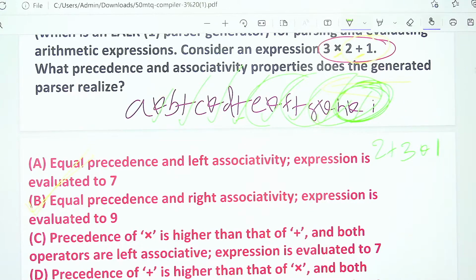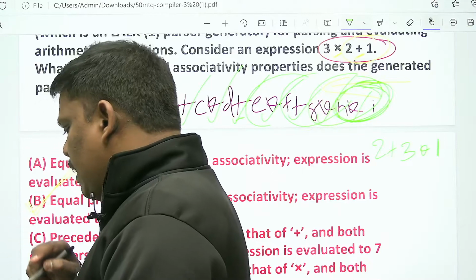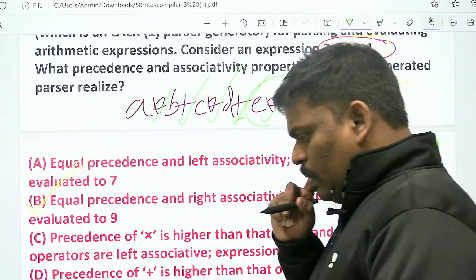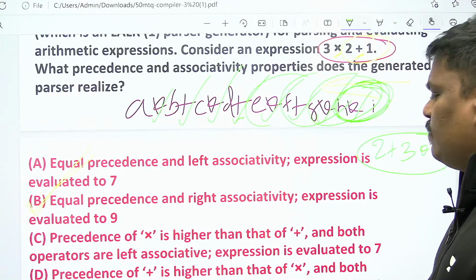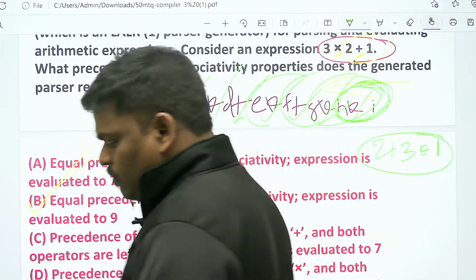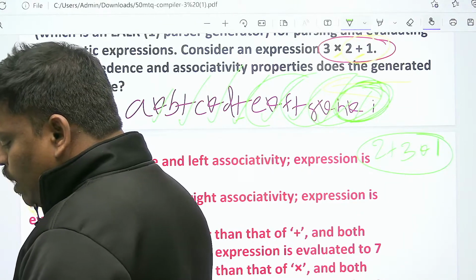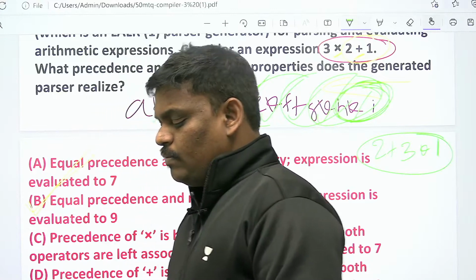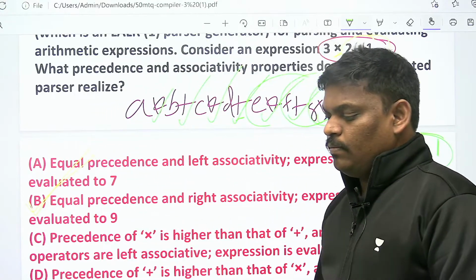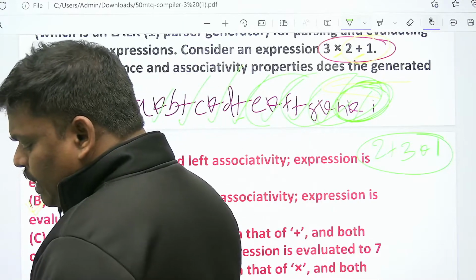Can anyone say? If I give this expression to the Yacc tool, what will be the answer?